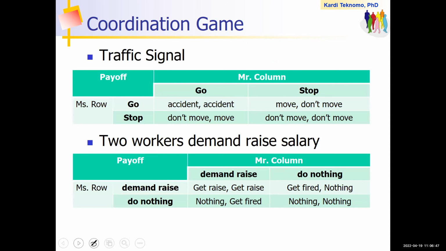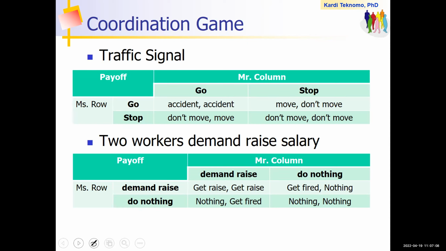Okay, so this is often a practical application of the coordination game. Look at this. If you are at the intersection and both go, right? An accident may happen.